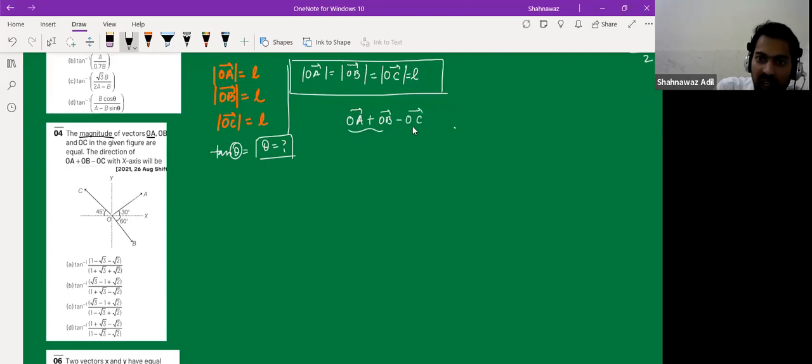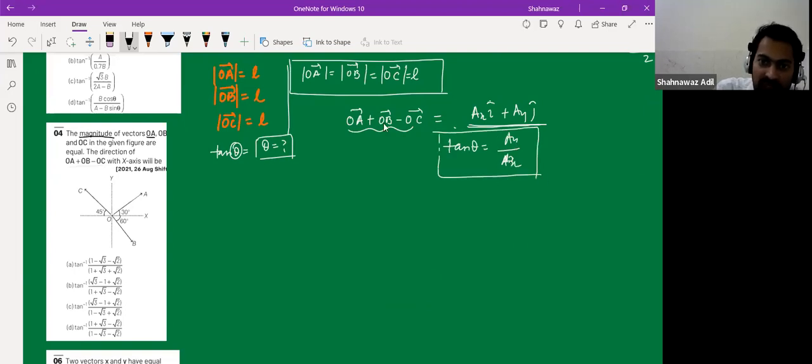And if we know this vector in some Cartesian form, let's say AX i plus AY j, then we can calculate the angle here. So theta would be simply AY by AX. Our goal is to calculate this vector in this form.